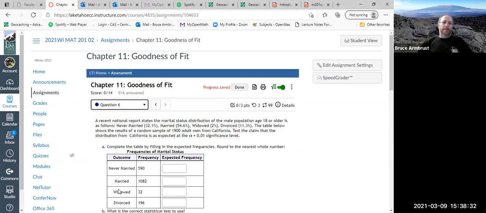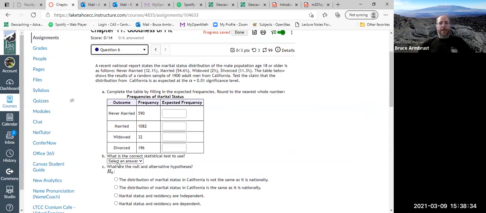Okay, so it says here, a recent national report states the marital status distribution of the male population age 18 or older is as follows. 32.1% have never been married, 54.6% are married, 2% are widowed, and 11.3% are divorced.